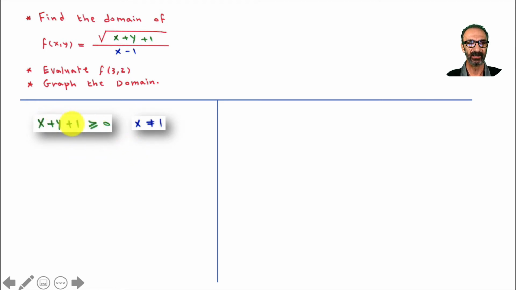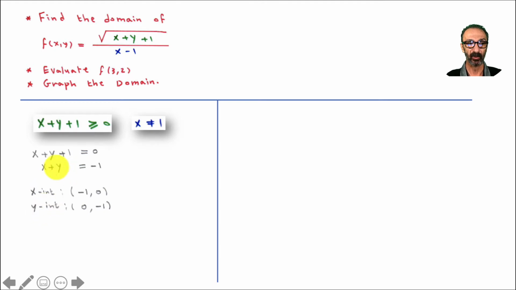So those are conditions that are given to us. Now think about this one as an equal sign for now, which is called the borderline. If x plus y plus 1 equals 0, that means x plus y equals negative 1. That's a straight line. The x-intercept, if you want to graph it, is (negative 1, 0) when you put 0 for y.